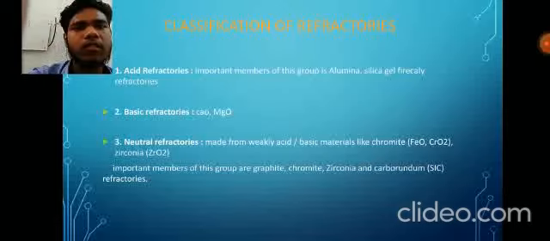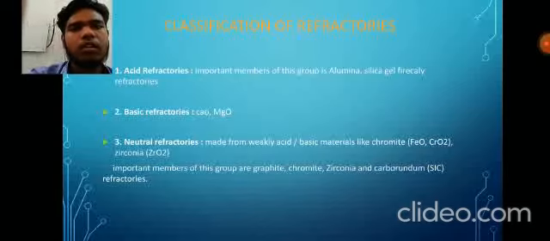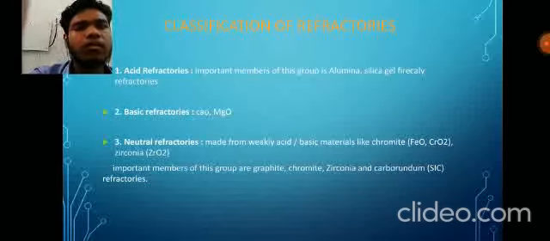Basic refractories: CaO and MgO, natural refractories made from weakly acidic basic materials like bauxite, FeO, and CrO2. 3. Neutral refractories. Important members of this group are graphite, chromite, zirconia, and carbon, SiC refractories.